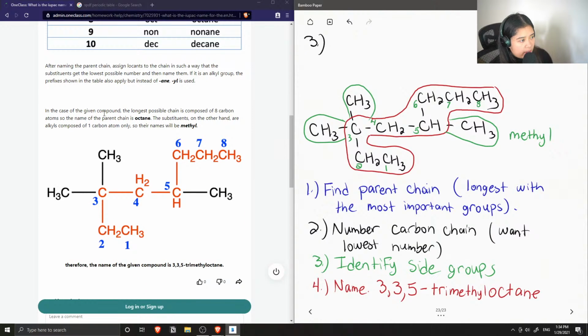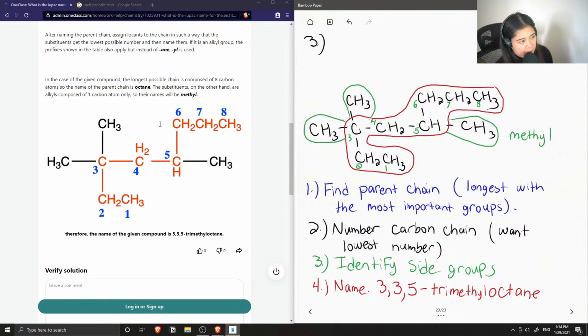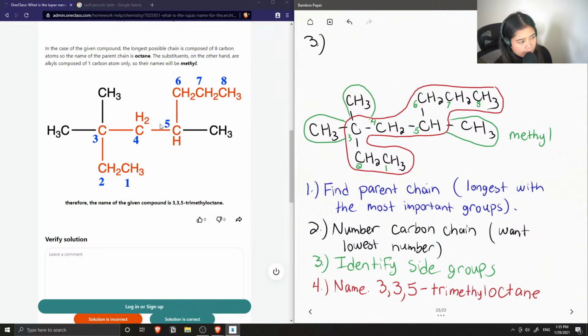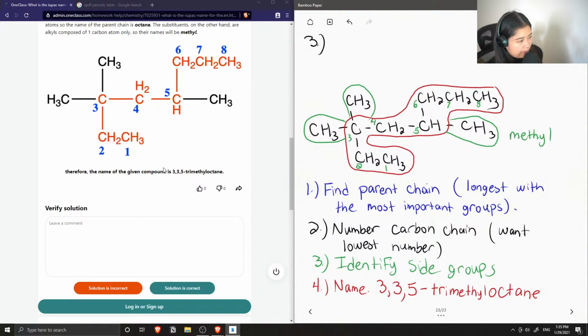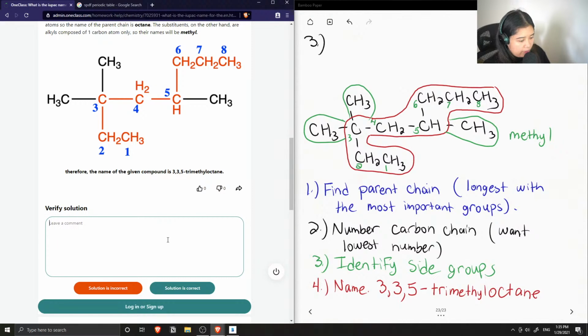In the case of the given compound, the longest possible chain is composed of 8 carbon atoms. So the name of the parent chain is octane, and the substituents, on the other hand, are alkyls composed of only 1 carbon atom, so their names will be methyl. So they color-coded the parent chain in red and named the compound 3,3,5-trimethyl octane. Okay, so this solution is correct.